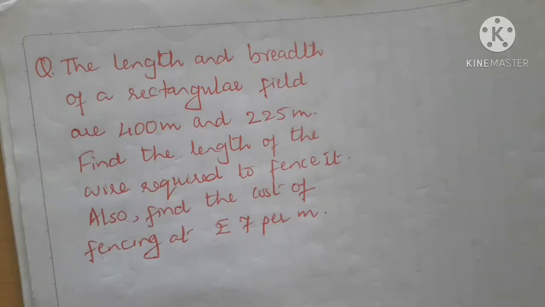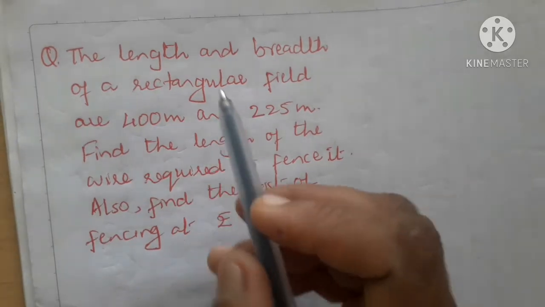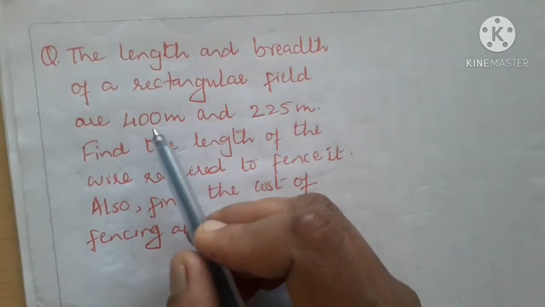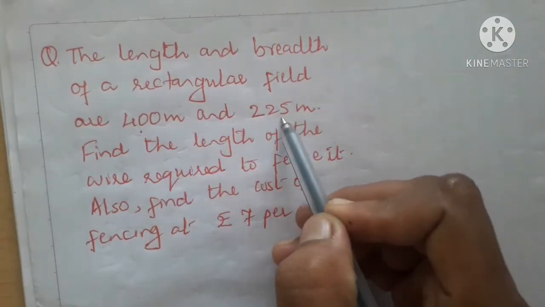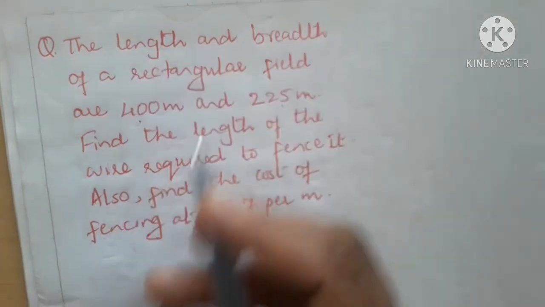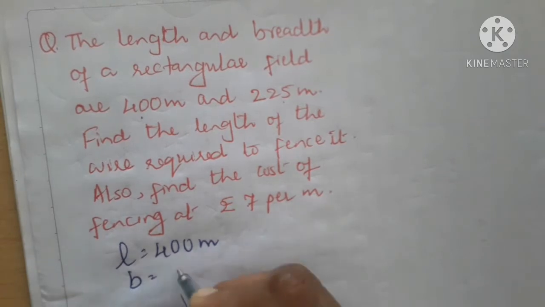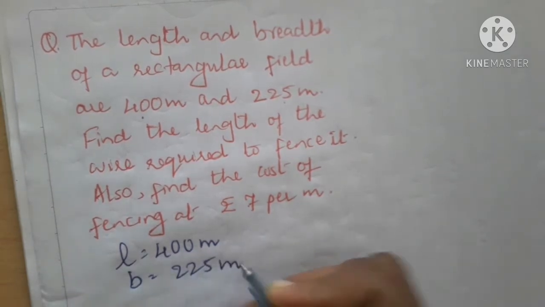Now see this application question given. The length and breadth of a rectangular field are 400 meter and 225 meter. That is, length is given as 400 meter and breadth is given as 225 meter.